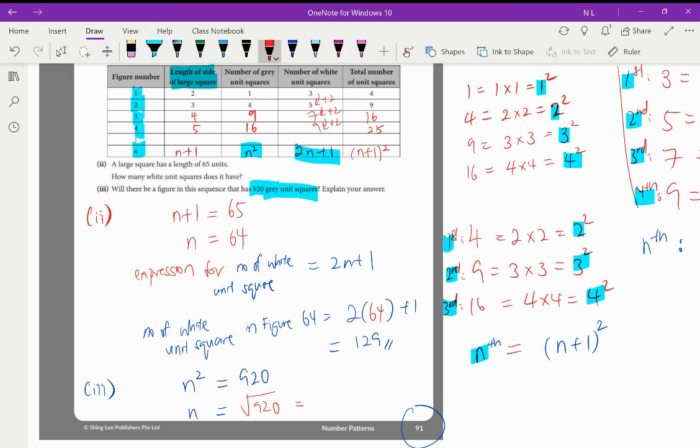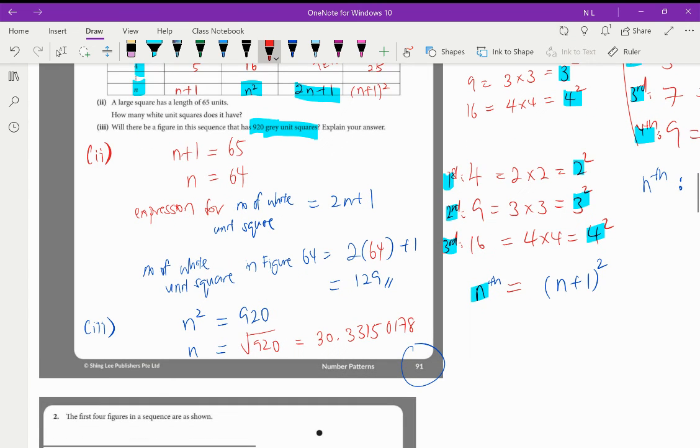When you square root 920, it will give you this number, which is 30.33150178. When I know that this n is not a whole number, what can it tell us? What will be our conclusion?